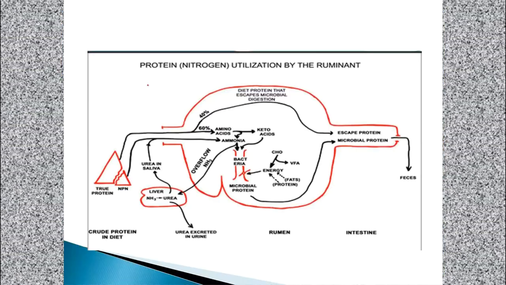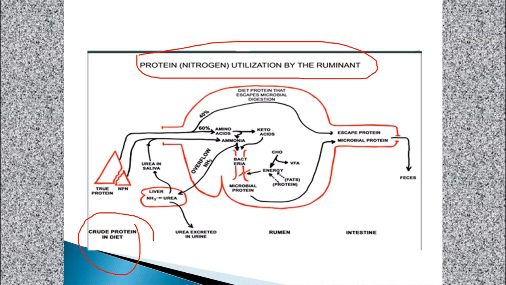So here you can see the protein nitrogen utilization by the ruminants. This is the crude protein in the diet or rough protein. There are once again two parts, protein and non-proteinous nitrogen. Both are entering the rumen, and 60% is converted to amino acids here.